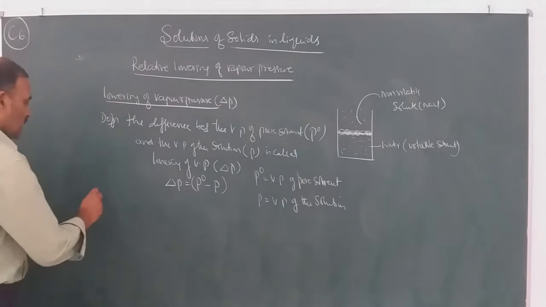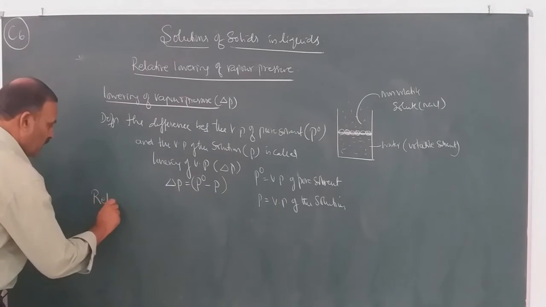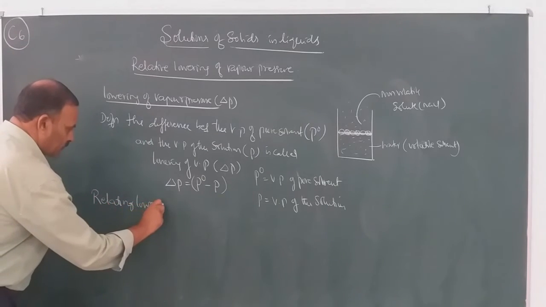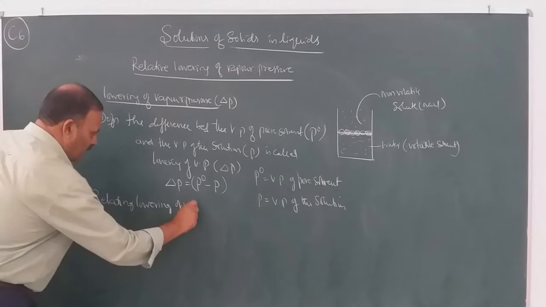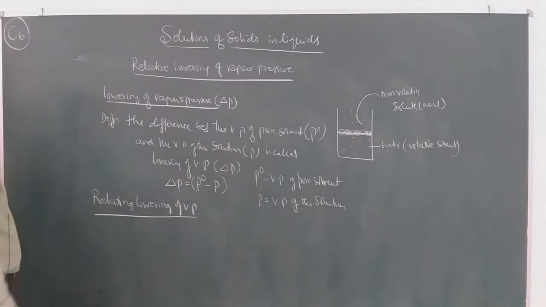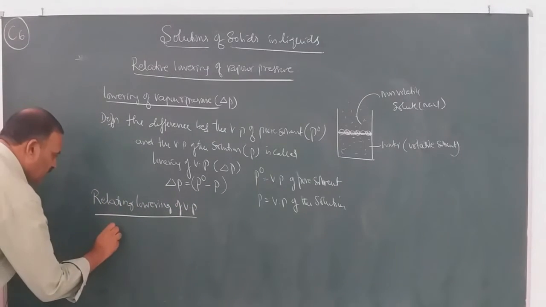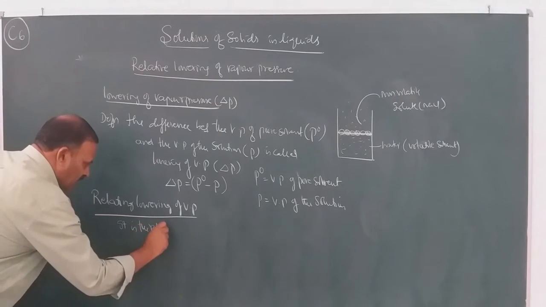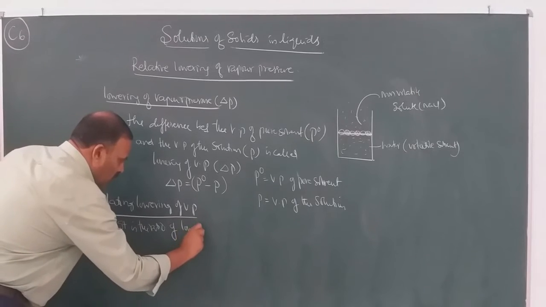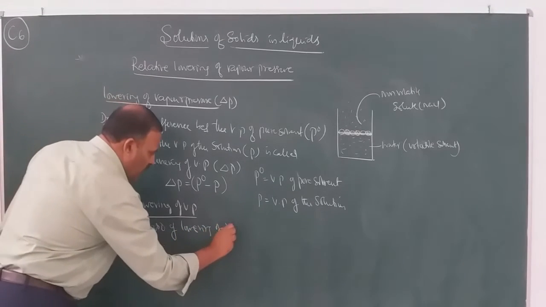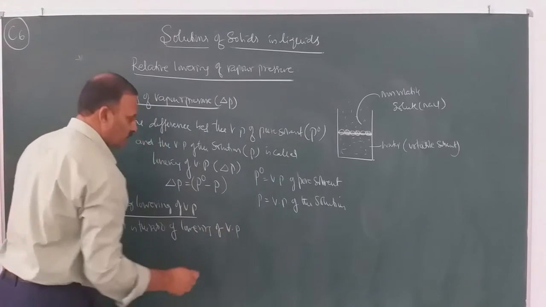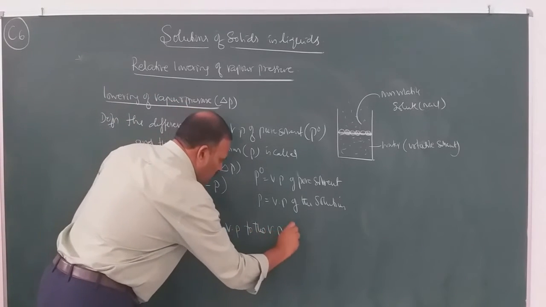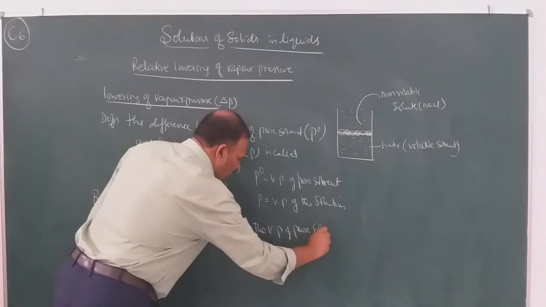pressure. Then what is relative lowering of vapor pressure? So it is the ratio of lowering of vapor pressure to the vapor pressure of pure solvent.